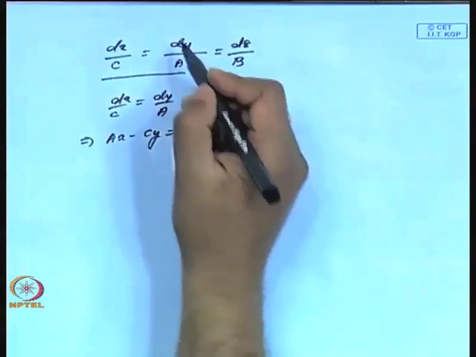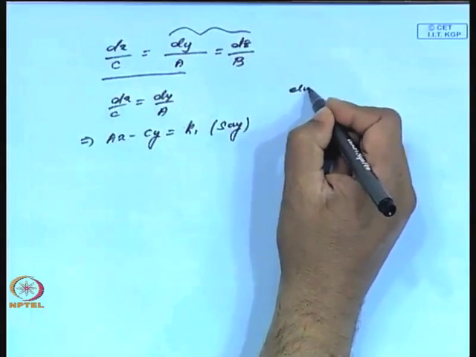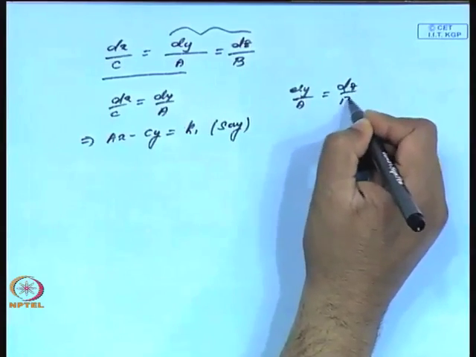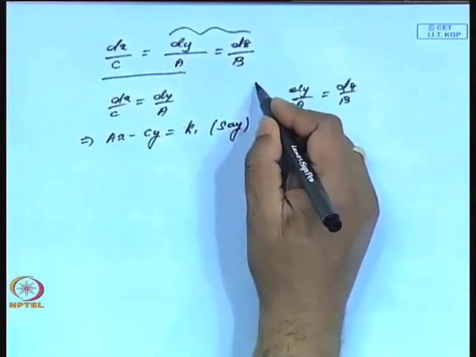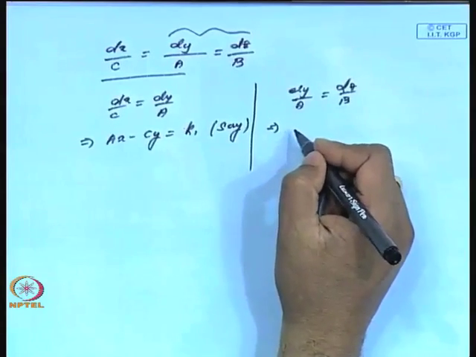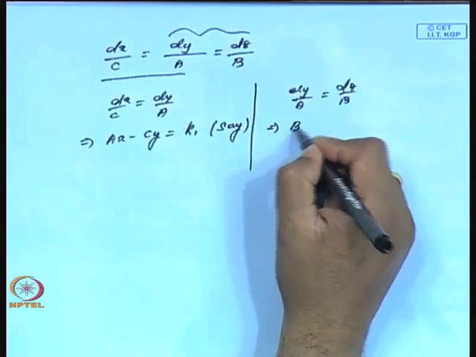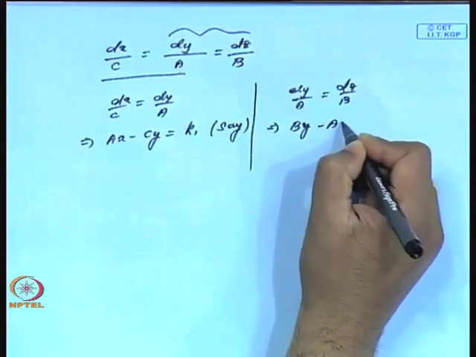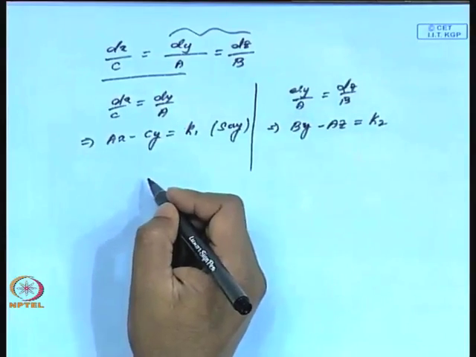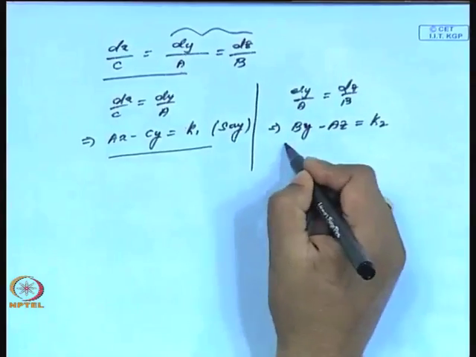And similarly, from the last two equations we have dy by a is dz by b, which implies bz minus az... is equal to another constant. Let this constant be k2. So, one equation is this, the other equation is this.